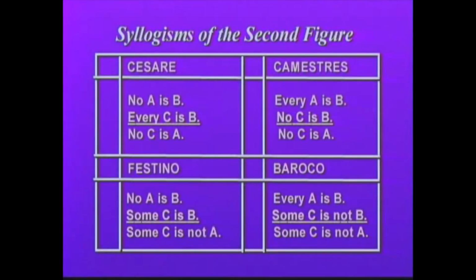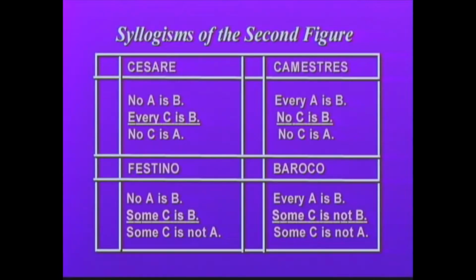But the first consonant in the name is a mnemonic device to remind us which first figure syllogism we reduce the imperfect syllogism to. So for example, in the second figure we have the syllogism Cesare, and Cesare begins with the letter C. That indicates that we are going to show that that is a good syllogism by somehow reducing it to Celarent of the first figure.